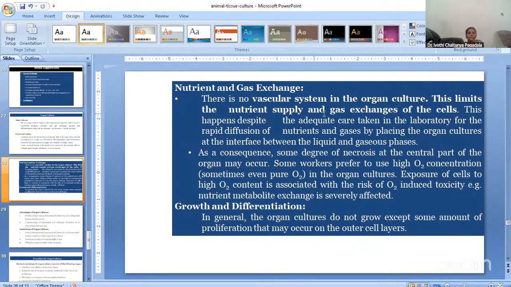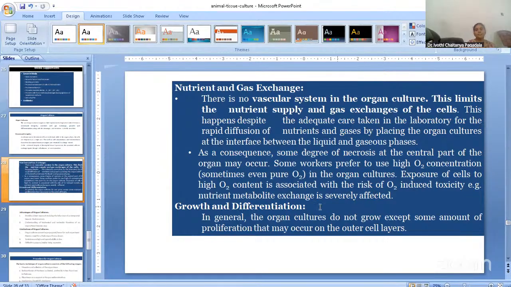This happens despite the adequate care taken in the laboratory for rapid diffusion of nutrients and gases by placing the organ cultures at the interface between the liquid and gaseous phases. As a consequence, some degree of necrosis may occur at the central part of the organ.